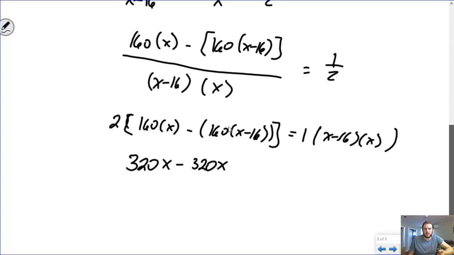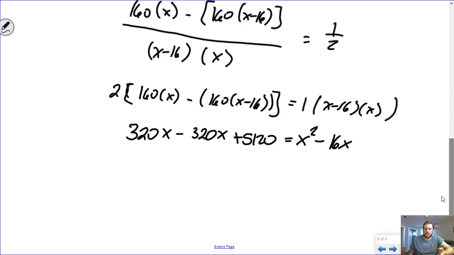So this is minus, and a minus gives me positive 5,120, is equal to x times x is x squared, and negative 16 times x is negative 16x.